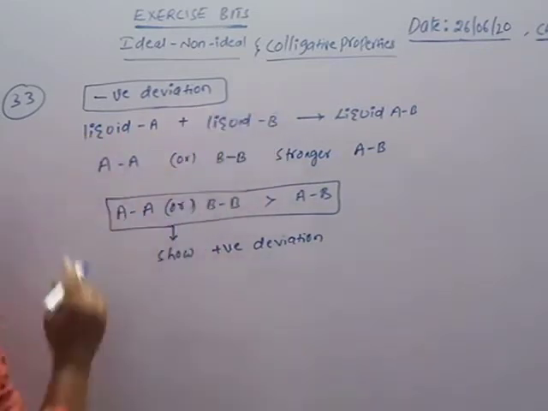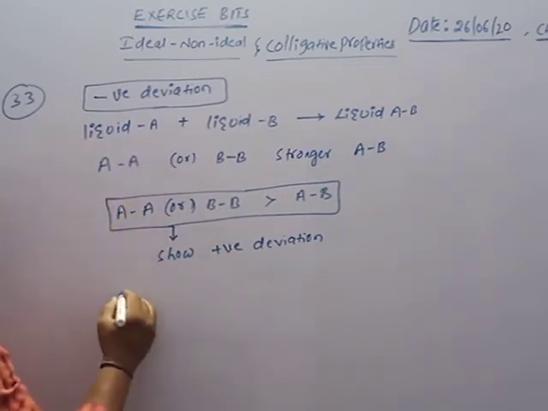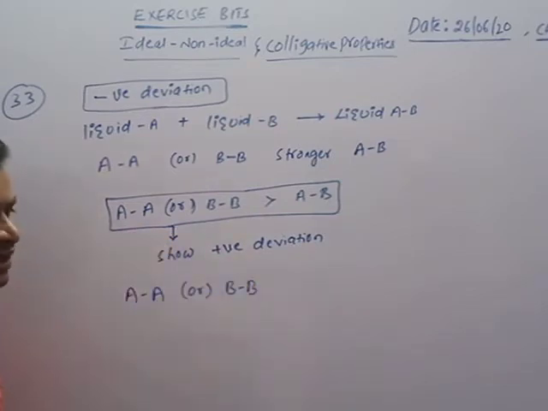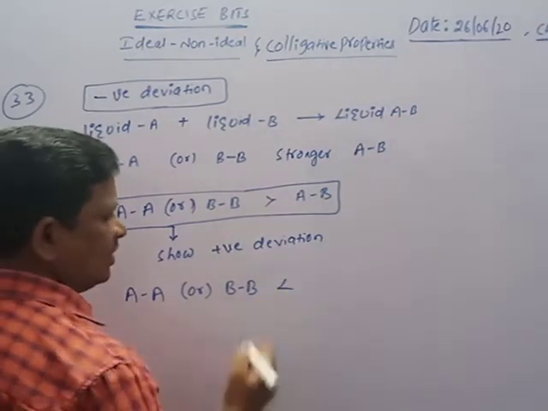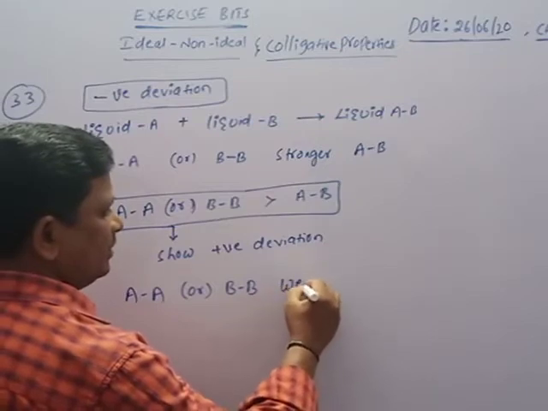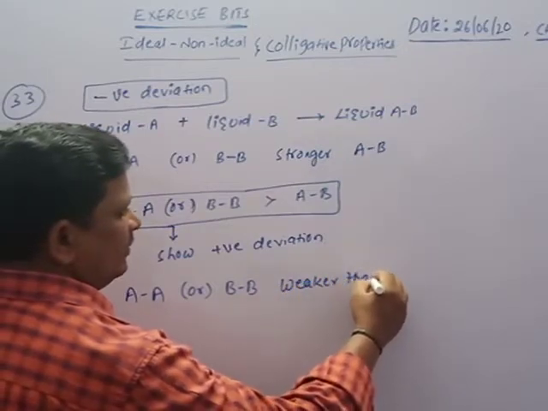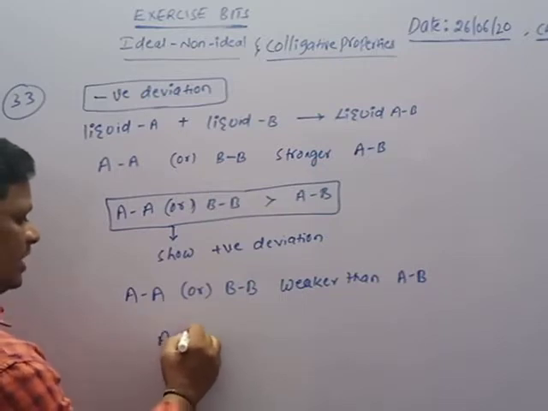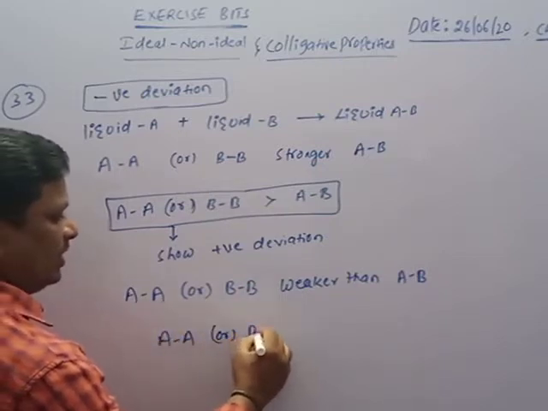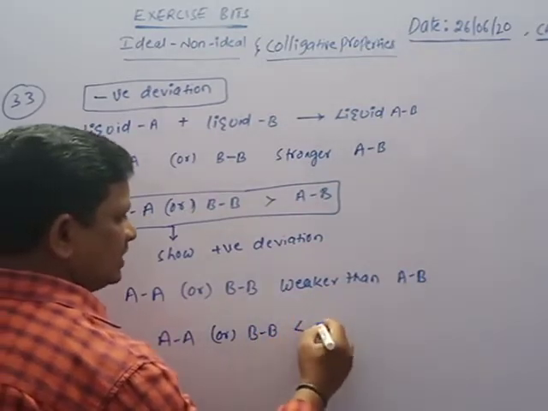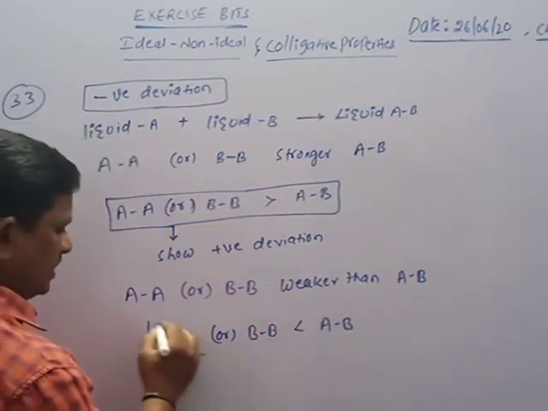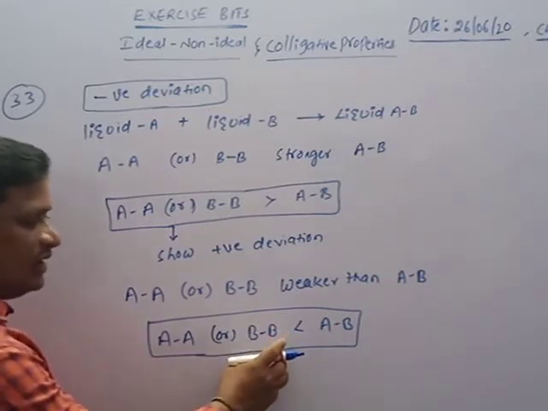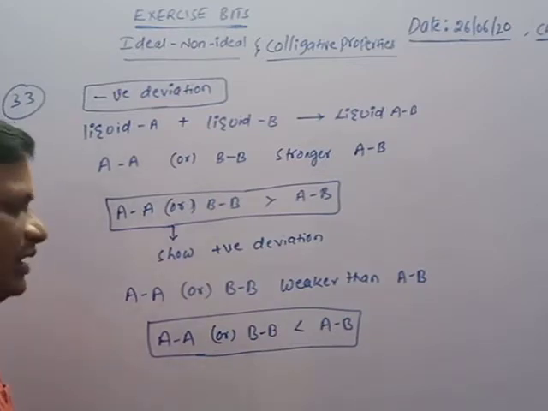For liquid A and liquid B, if AA interactions or BB interactions are weaker than AB interactions, simply AA or BB interactions are less than AB interactions, it means the vapor pressure of liquid A or liquid B is less than the vapor pressure of liquid AB.